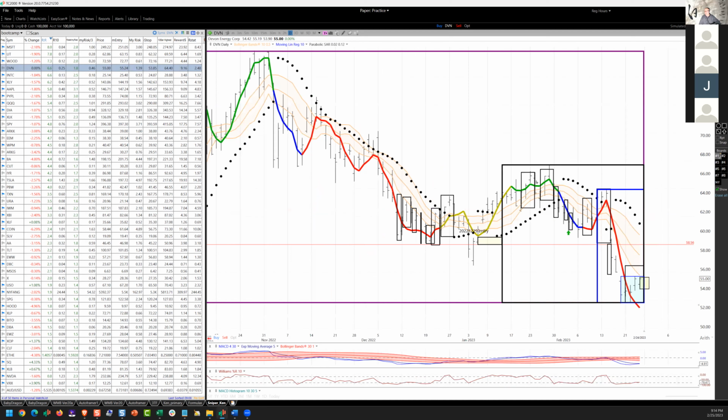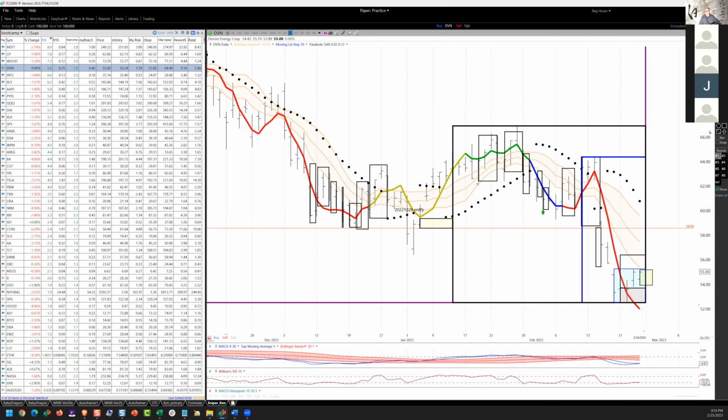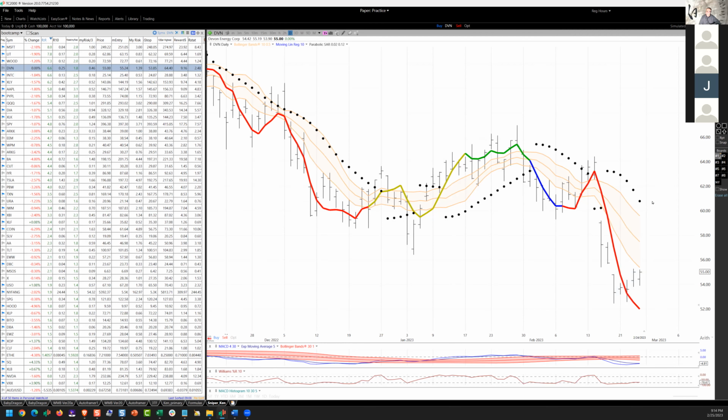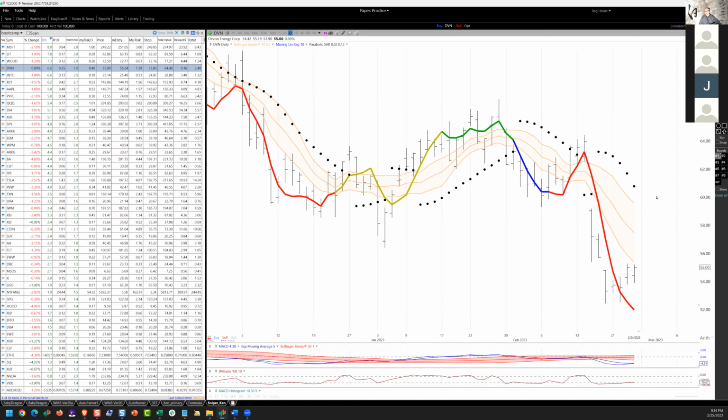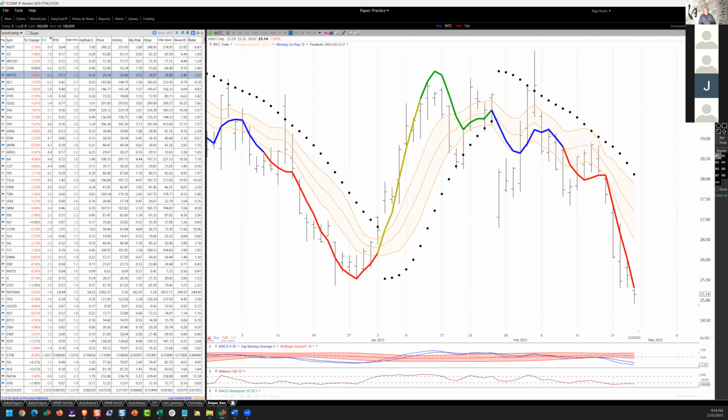Here's that Devon trade. Yeah, I like all of that. Nice tight recovery. Here's Intel.